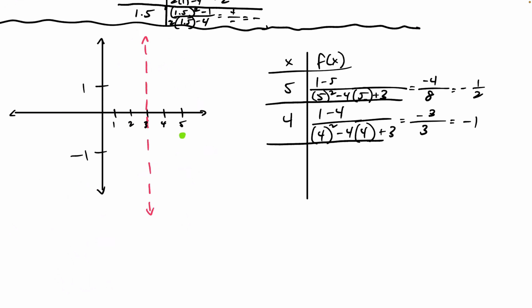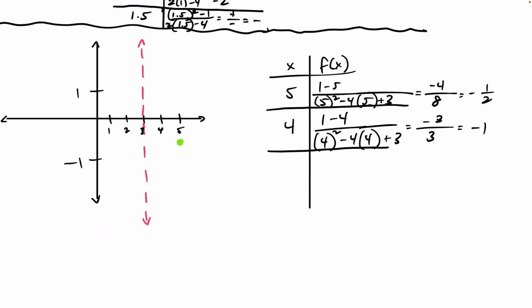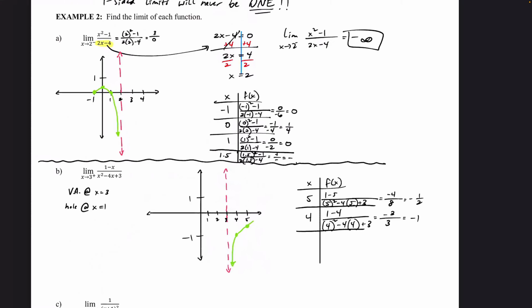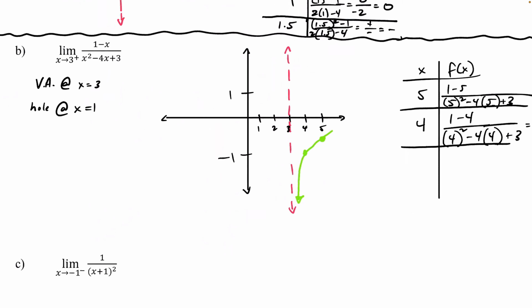So I'm going to go make a dot at 4, negative 1. Looks like it's going down. If you want to try 3.5, you can go for it, just to give yourself a little more confidence, right? But that's where it's headed. So the limit as x approaches 3 from the right would be negative infinity, just like the last one was.